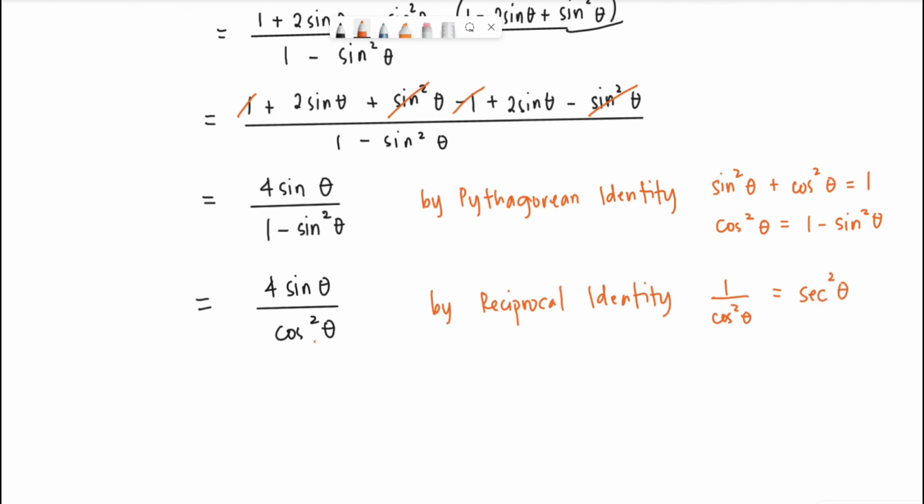So replacing 1 over cosine squared theta by secant squared theta, we will now have 4 sine theta secant squared theta. End of proof.